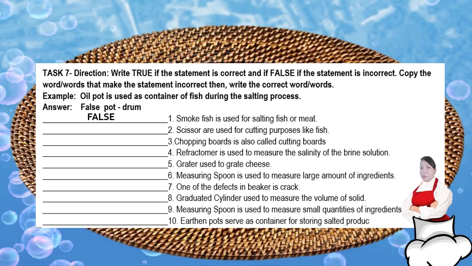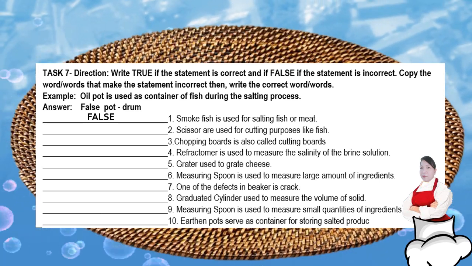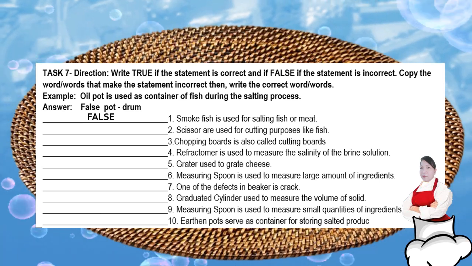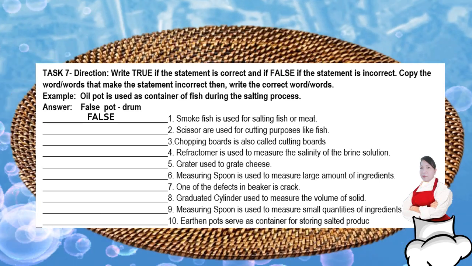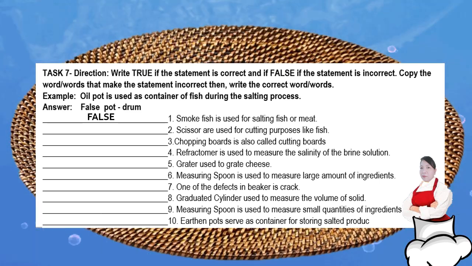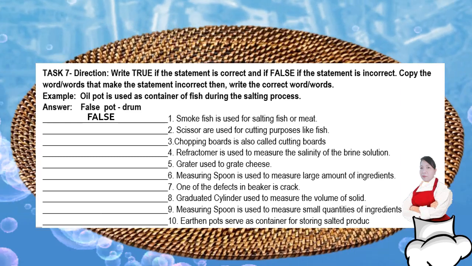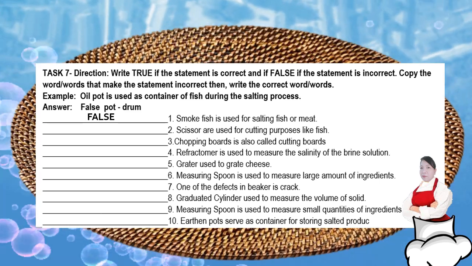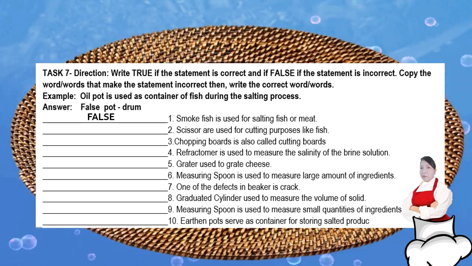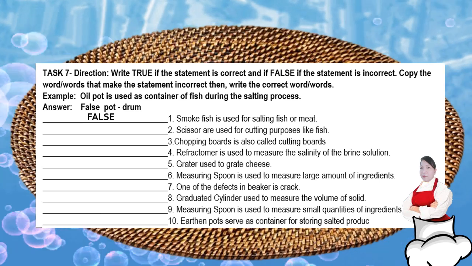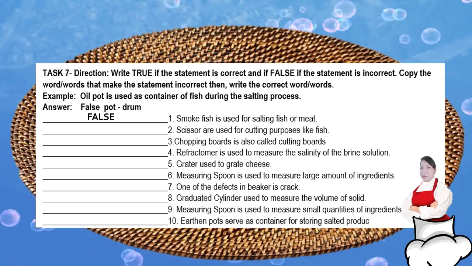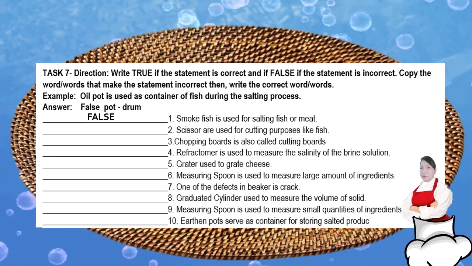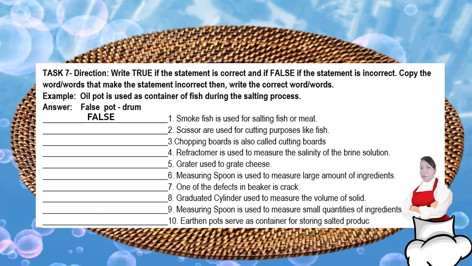Example: oil pot is used as container of fish during the salting process. The answer should be false because of the word pot. The right word is drum because oil drum is the one used as container of fish during salting process. I hope you understood the directions.